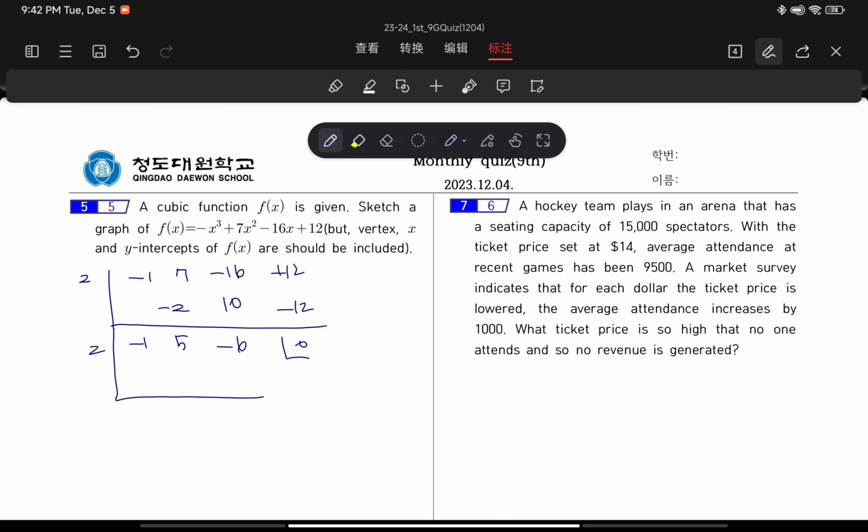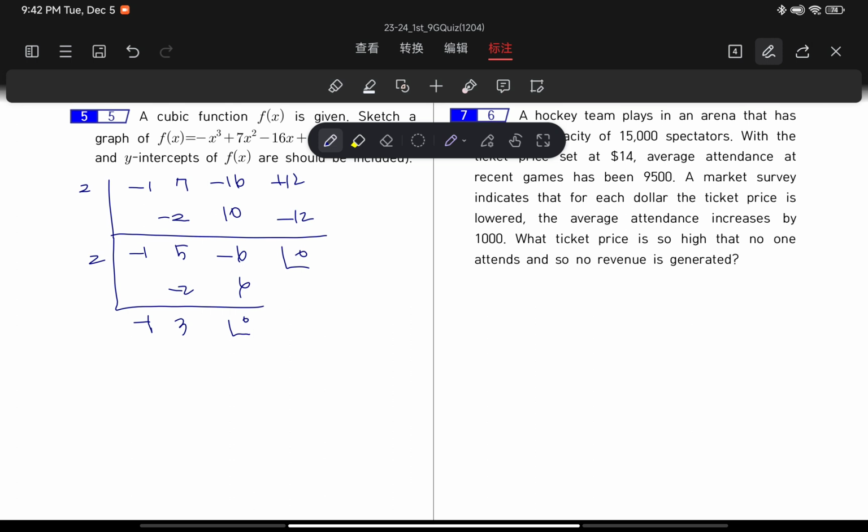And one more time, x equal 2: -1 and -2 and 3 and 6 equals 0. So the result is minus x plus 3 times x minus 2 and x minus 2 one more time, that is f(x). So factoring out the negative, it equals minus x minus 3 and x minus 2 squared.